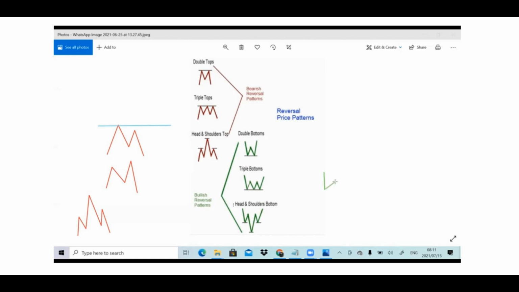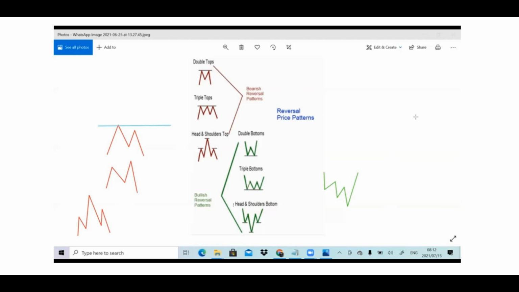Find a triple bottom being like this. And these are the type of patterns that you'll mostly find in the market than this. They do form this, but mostly you'll find the ones that are like most of it.